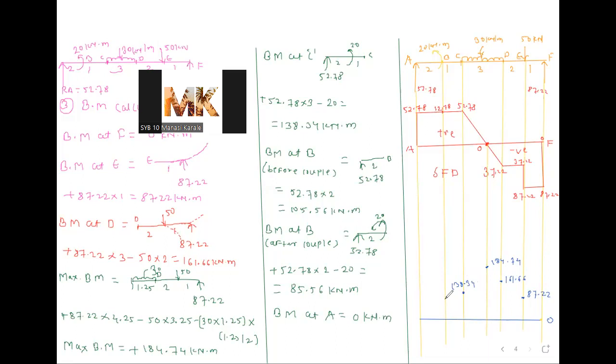There are 2 points at B, before couple and after couple. So 105.56 here.